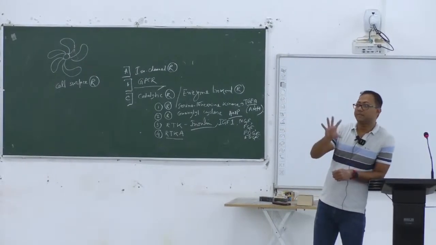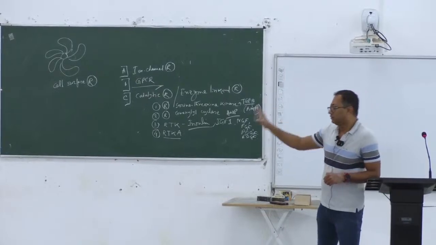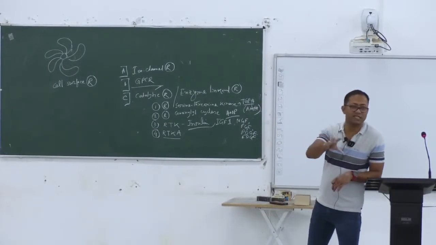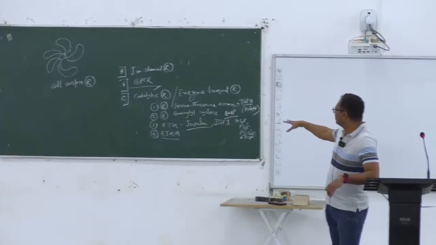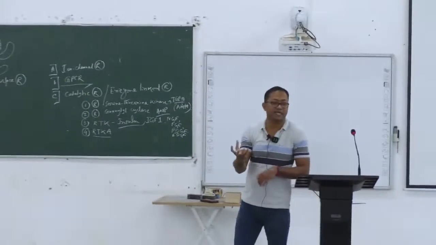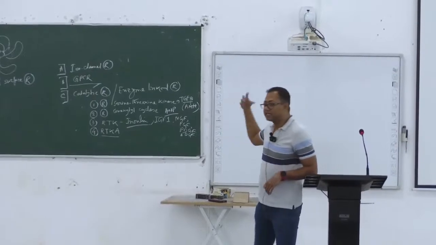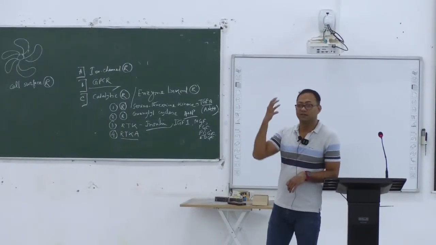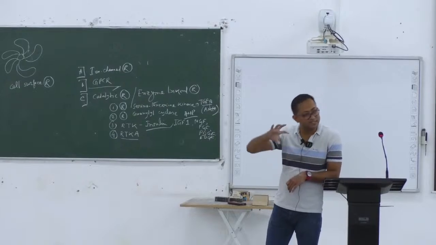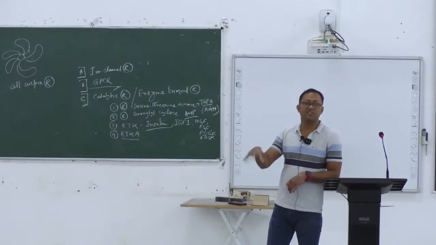That means the receptor is not itself tyrosine kinase, but it is attached to a protein which is tyrosine kinase, whereas in case of insulin receptor, the receptor itself is tyrosine kinase.